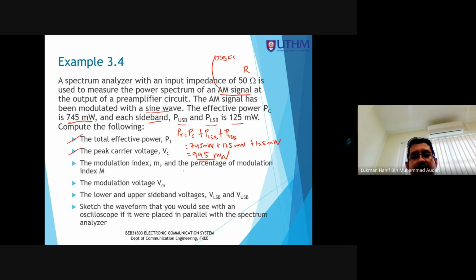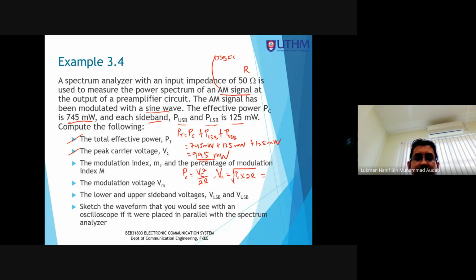As we have learned previously, PC is equal to VC squared divided by 2R, that means the peak amplitude of the carrier squared divided by 2R. So VC is equal to the square root of PC times 2R.